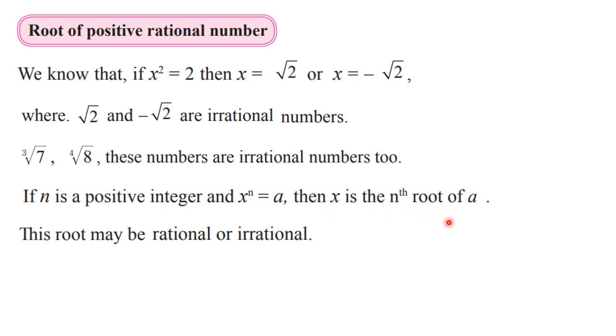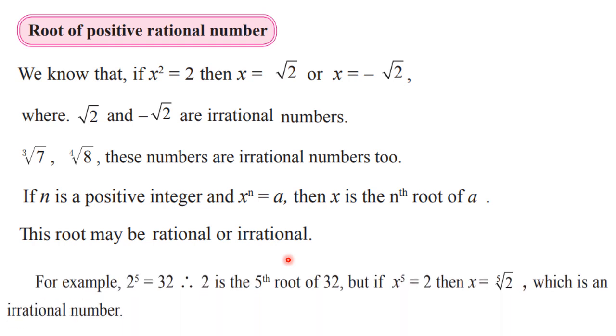So this nth root of a, it can be rational or it can be irrational. Okay, we cannot say specifically that it is irrational only. So depending upon the number which is inside this sign, the number can be rational or irrational. Okay, so in this way we can explain the nth root of positive rational number.